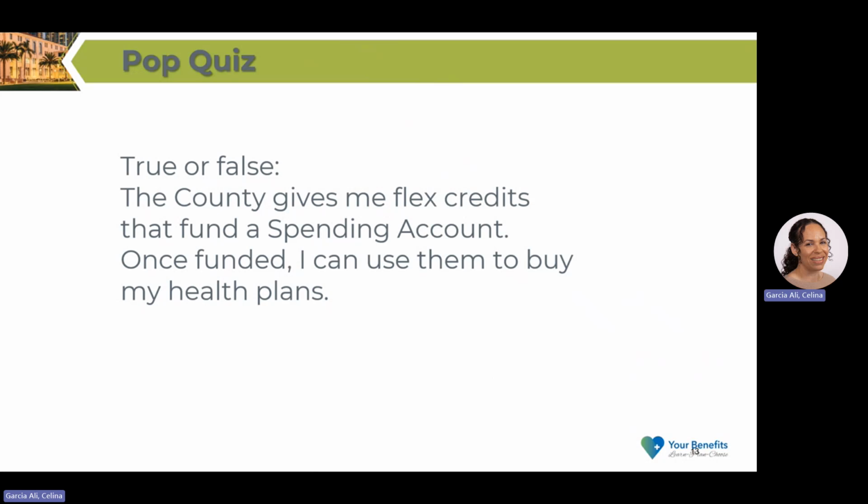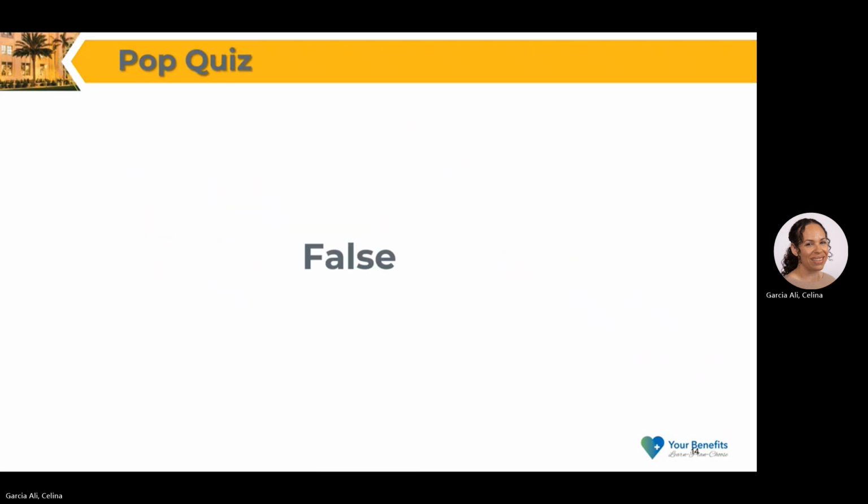Pop quiz. True or false? The county gives me flex credits that fund a spending account. Once funded, I can use them to buy health plans. And that is false. Remember, flex credits are given to each county employee to purchase benefit plans first.